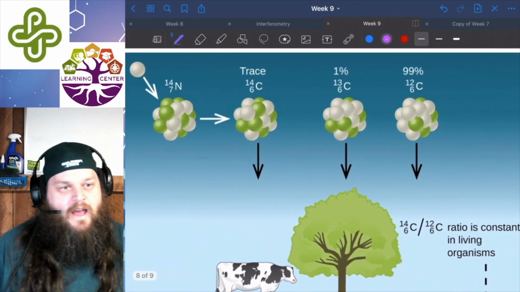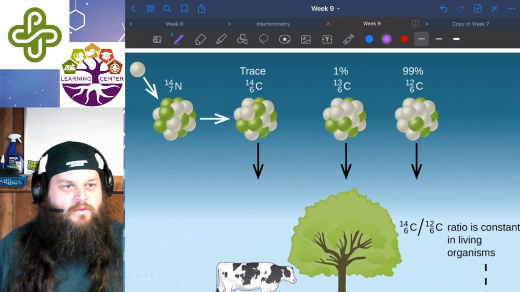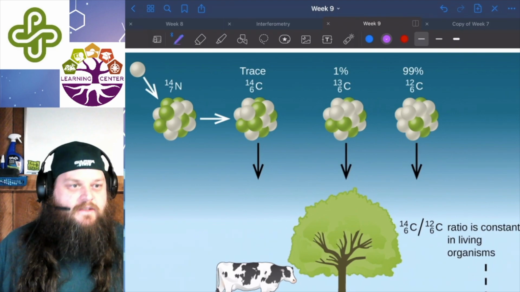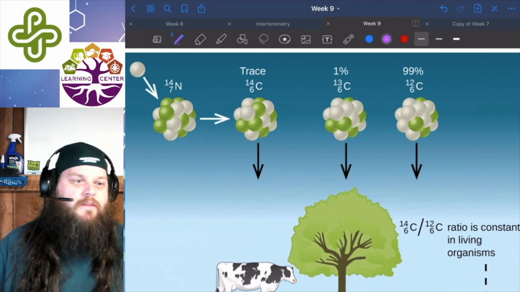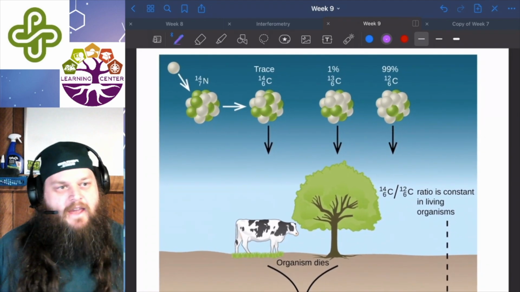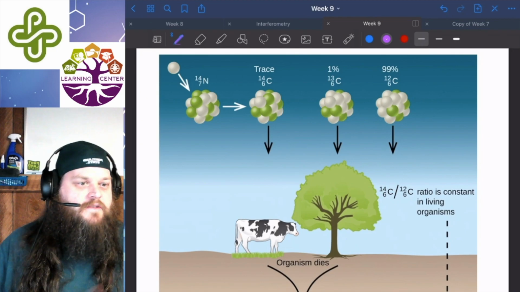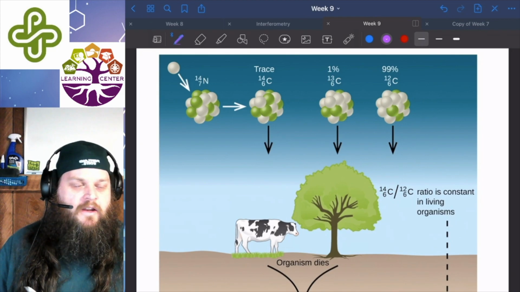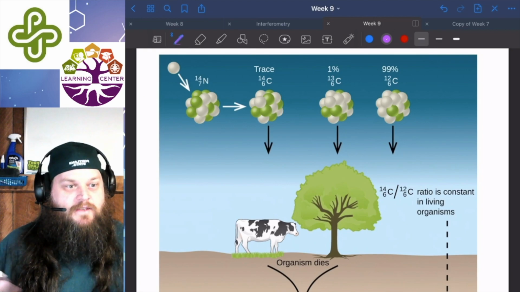As that happens, that carbon turns into CO2, which is then carbon-14 CO2. And eventually that carbon-14 does decay down into carbon-12. But there's a certain percentage and ratio of it in our atmosphere at all times. That ratio also gets breathed in by the plants.